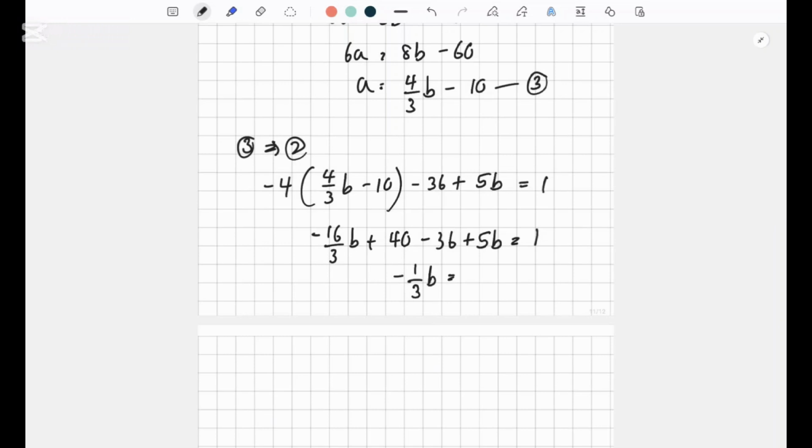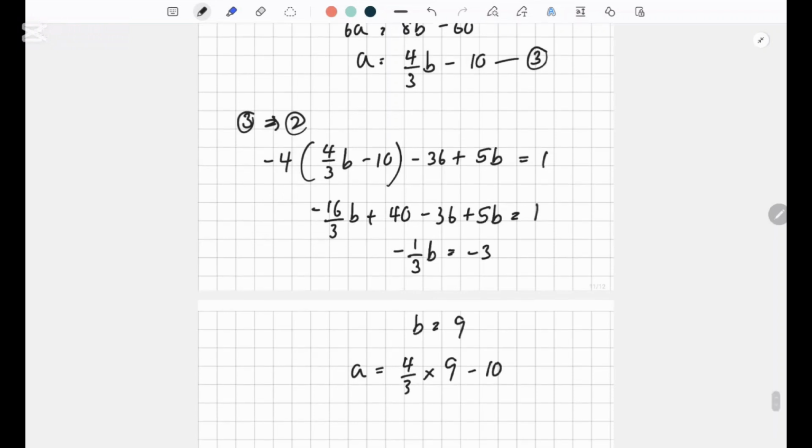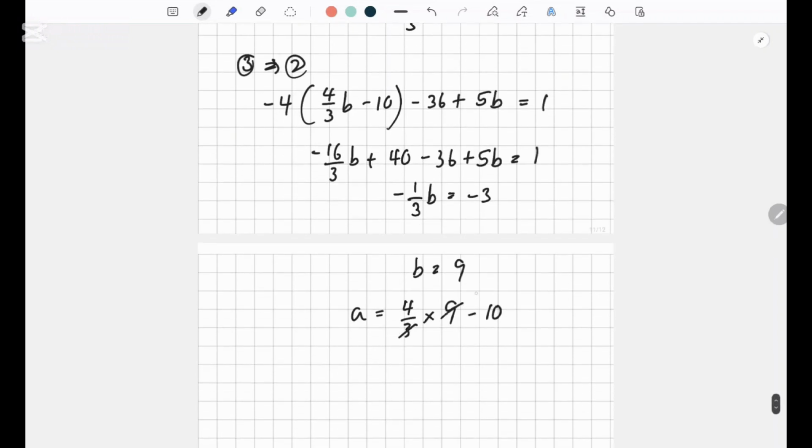So 1 minus 4 is minus 3. So B equals 9. A equals 4 over 3 into 9 minus 10. So A equals 12 minus 10, A equals 2, right?